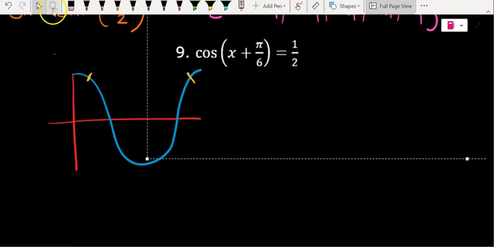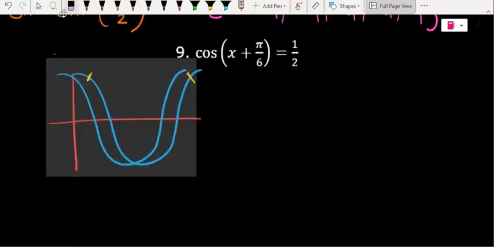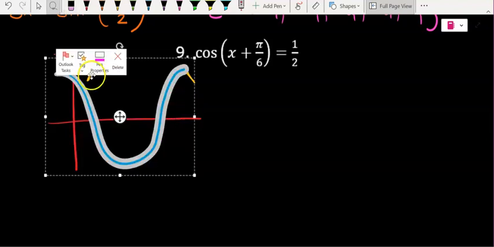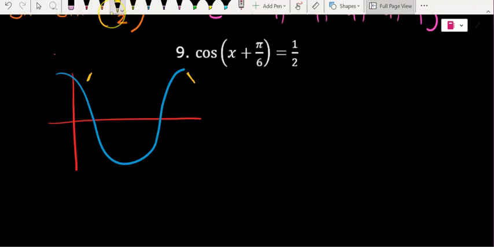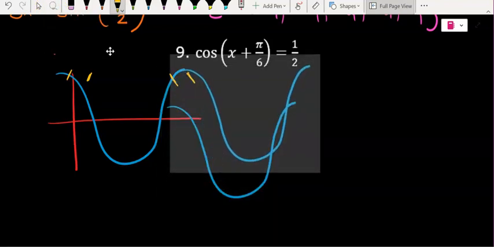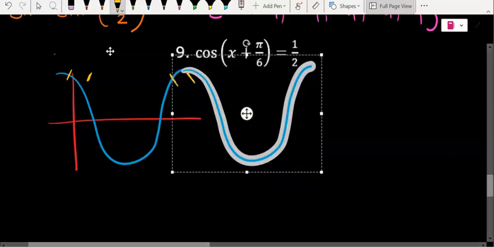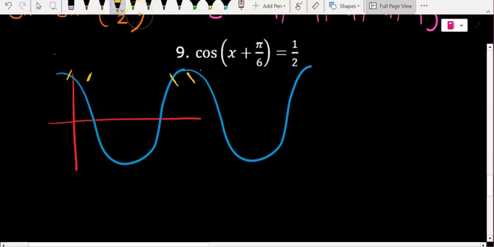And so when that happens, I've got to move that graph to the left, and that little line right there would now be over here, and this one would still be here. So it's no longer a solution between 0 and 2 pi, and instead, I've got to bring in my graph again and do another period, and I'm going to find my next answer, which will be over here from my next one.